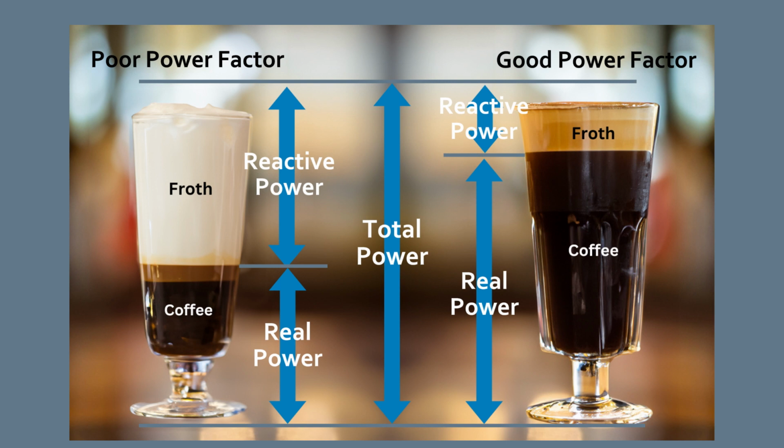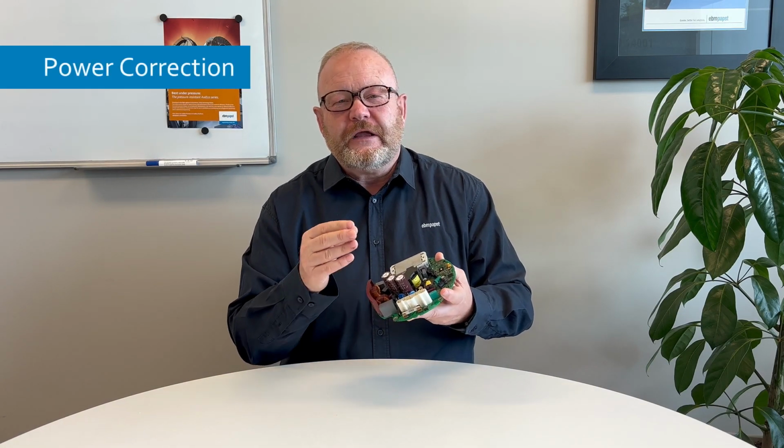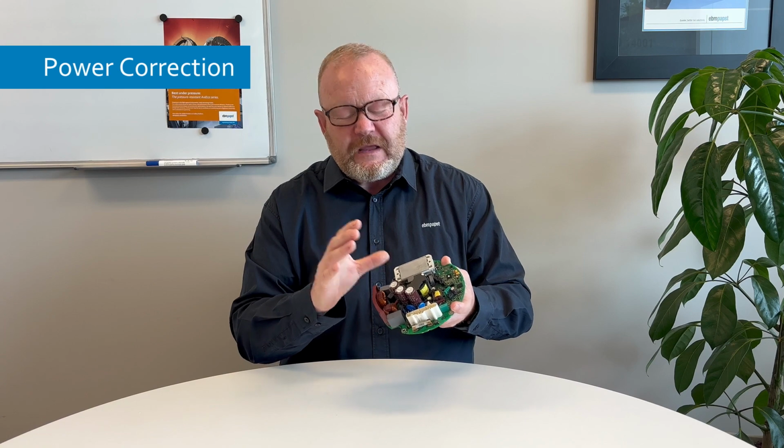Now, what we want to do is to get as much real power as we possibly can into the air movement. So what we have to do is to correct for the capacitive and inductive type characteristics inside the electronics using further electronics. Now, inside our EC plug fans, the large ones, 1.5 kilowatt and above, we typically have active power factor correction on each of the three phases.